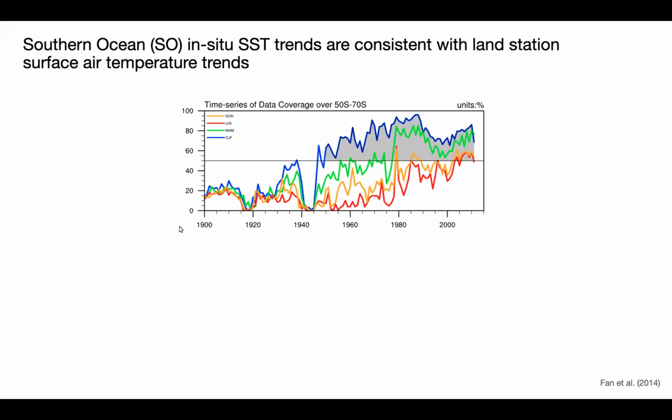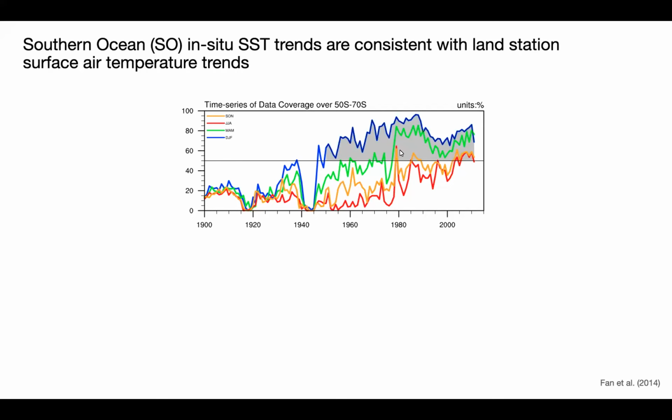The units on the y-axis are percentages for almost all seasons. And then we actually have a huge increase after around 1945. And since then, we have more than 50% data coverage in austral summer over the Southern Ocean.